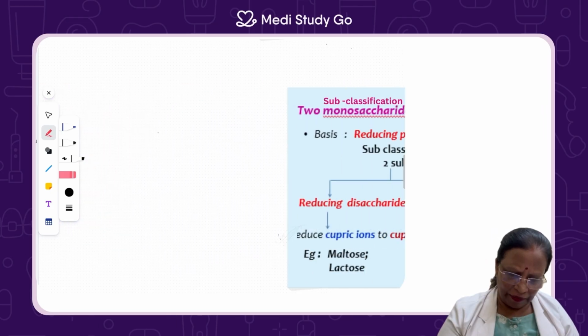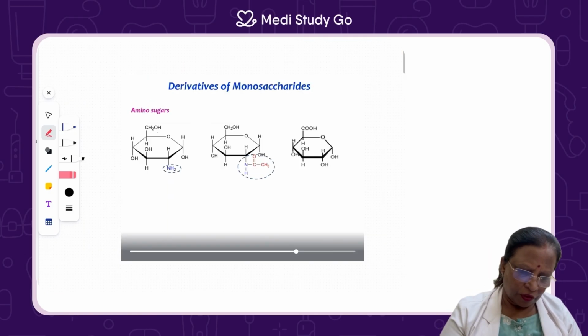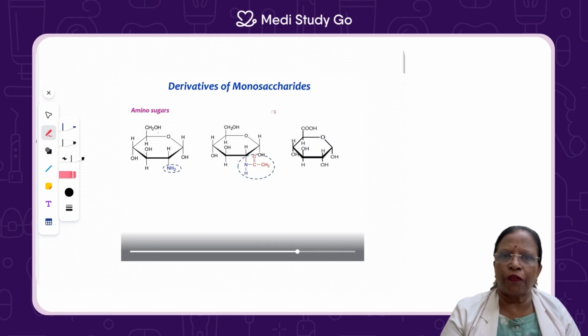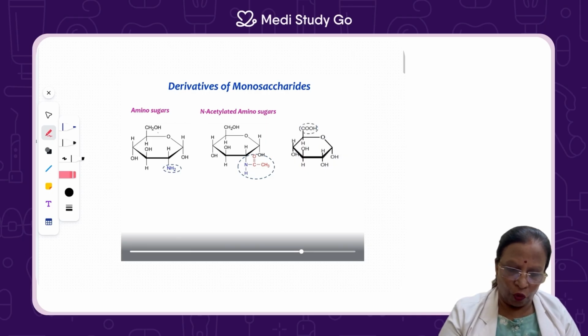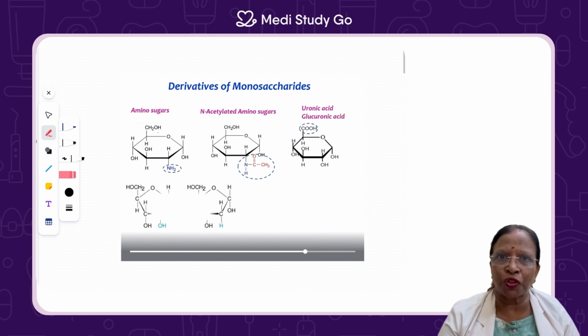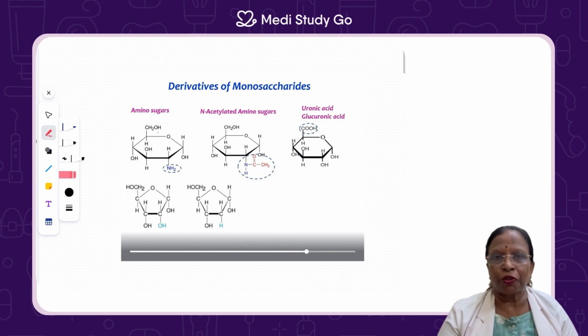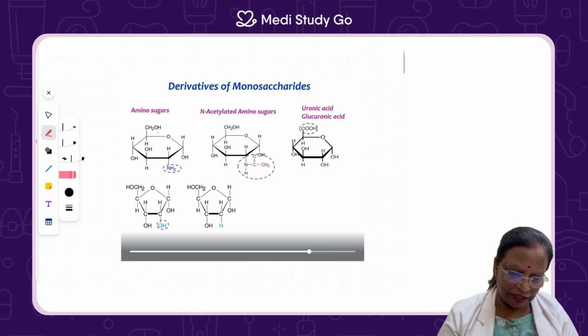Now let's see, these are all the various derivatives of monosaccharides. You have amino sugars, where one of the OH groups is replaced by an amino group. You have N-acetylated amino sugars, where the amino group carries an acetyl group. You have uronic acids, where C6 is oxidized to a carboxyl group. You have 2 types of uronic acid: glucuronic acid and galacturonic acid.